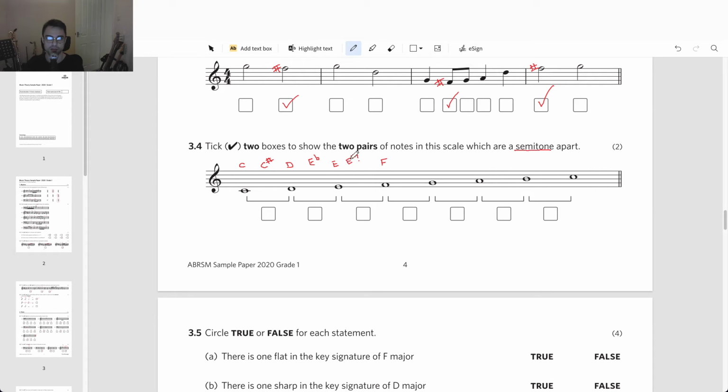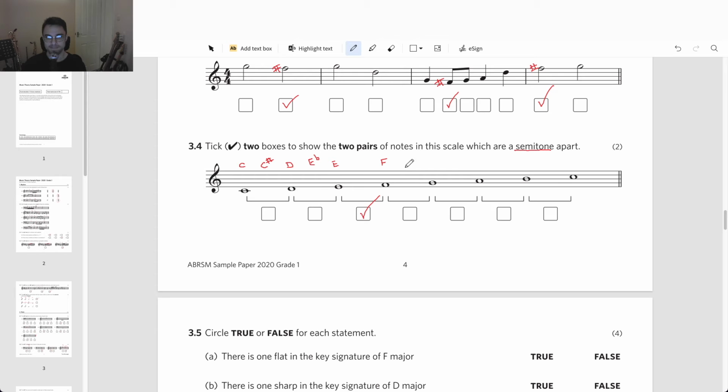E sharp is an enharmonic equivalent of F. So E sharp would just be called F. There are keys that exist where E sharp is used, or F flat, but for these purposes we don't need to know that, because we know that E and F are a semitone apart. So we're looking for one more box. We've got 2 boxes with notes that are a semitone apart.